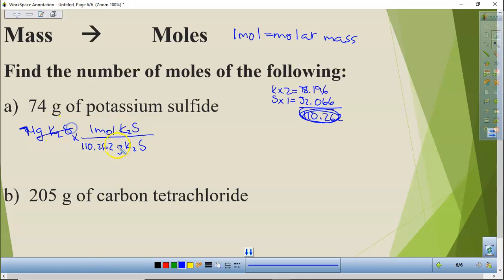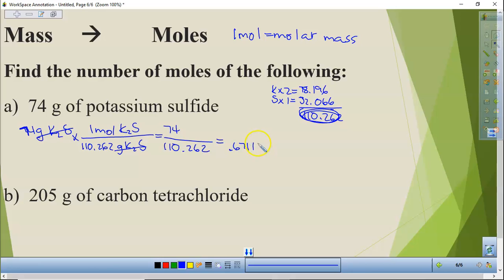So I can cancel my grams, and I multiply everything in the numerator, which is 74 times 1, and I'm going to divide by whatever's in the denominator, 110.262. Okay, when I do that math, 74 divided by 110.262, I get 0.6711.